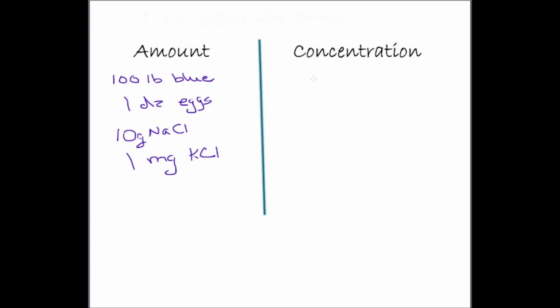Concentration is different. Concentration is a ratio. It is an amount per a certain volume. So in the numerator, we have amount, and in the denominator, we have a certain volume. Now, as an aside, a chemist might sometimes have mass or weight here in the denominator, but that's less common for us as biotechnologists.